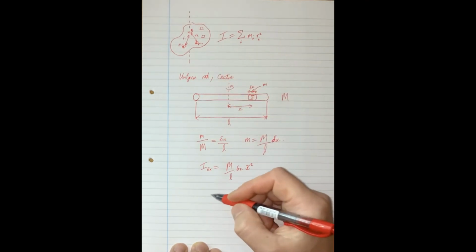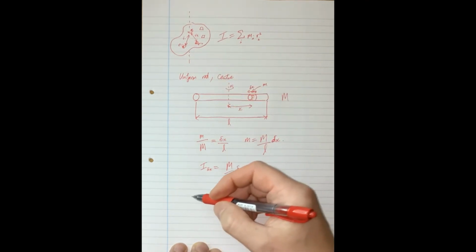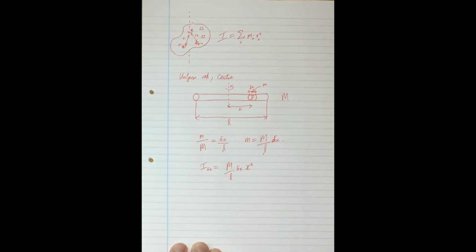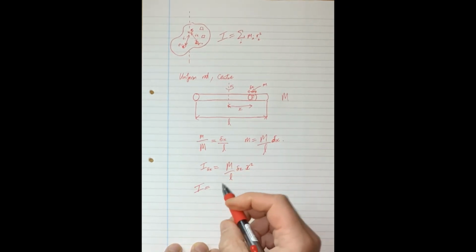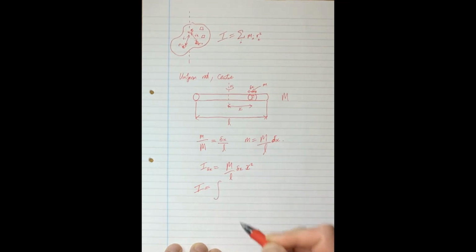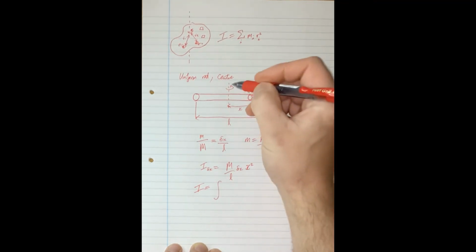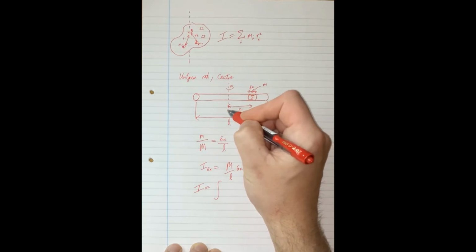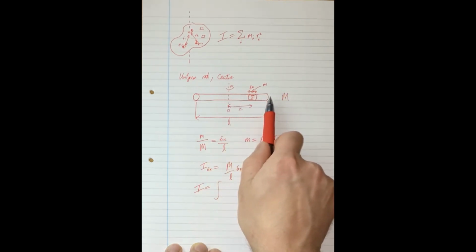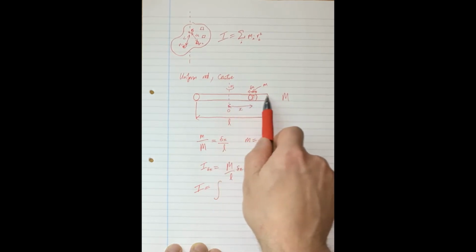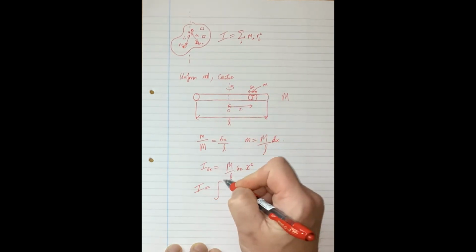Okay, so to find the moment of inertia of the rod, we're going to add them all up, or we're going to integrate. Now what we're integrating from is, if we call this 0, we're going to integrate up to L over 2. That length is L over 2.